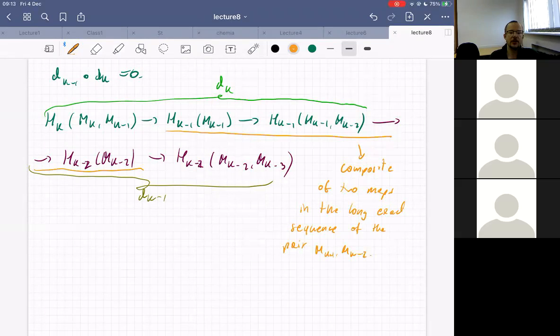So this composite is 0, so the composite of all maps is 0. All right.